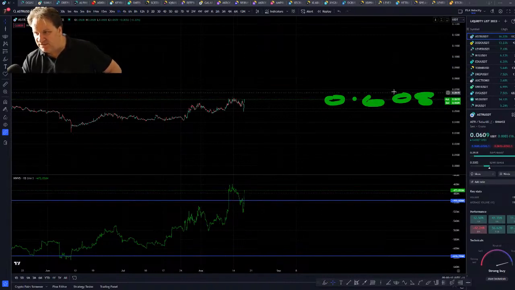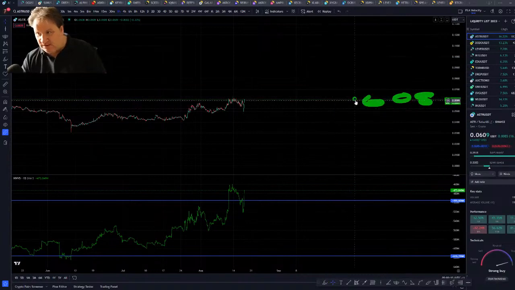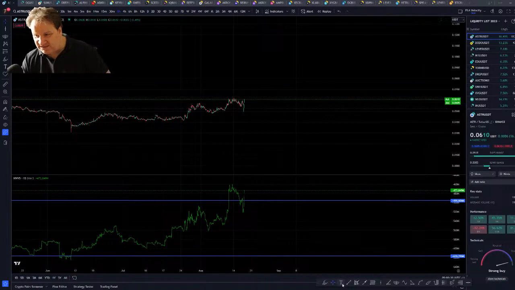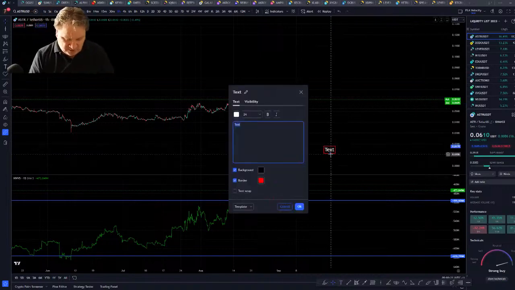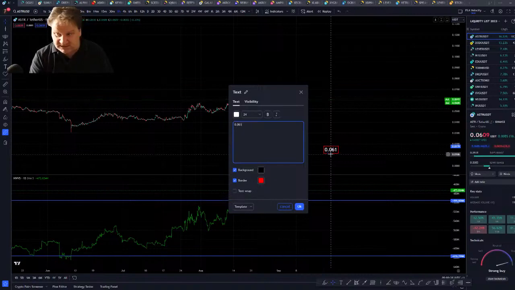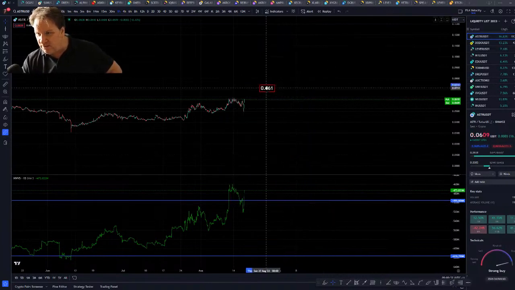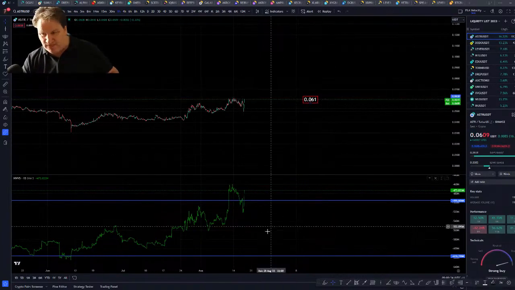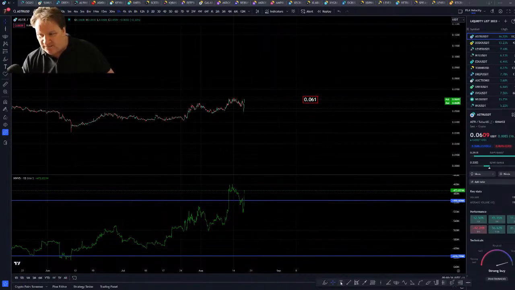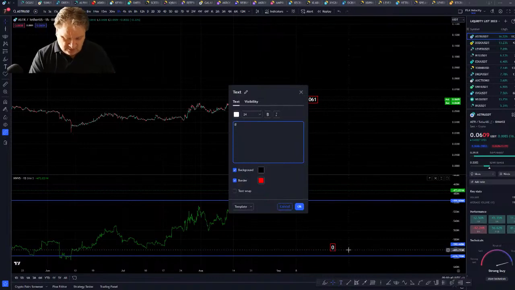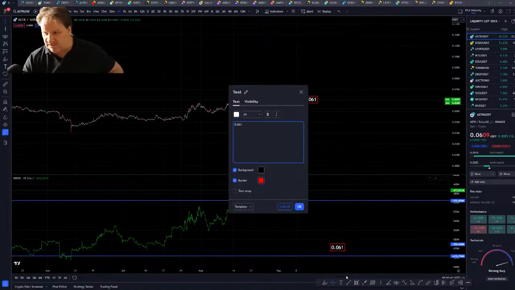So I'll put it on here as well. In fact, let me just take that off. What I'm going to do is actually use text, since it doesn't stretch. So if I put 0.061, there we go. So this line here is 0.061, and if I go on to here, 0.061.